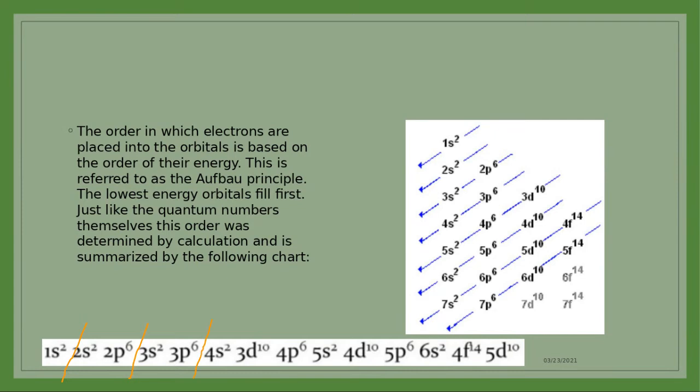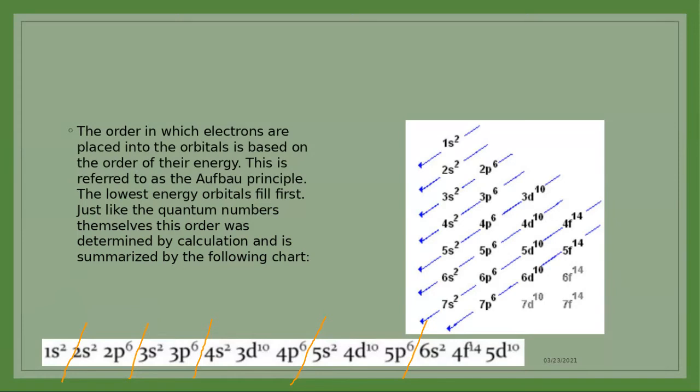Then 4s2, 3d10, and 4p6. Until here, this is the fourth shell, and then you have to close that shell, and here this is the fifth, like that. You have to know these arrangements, don't forget that.